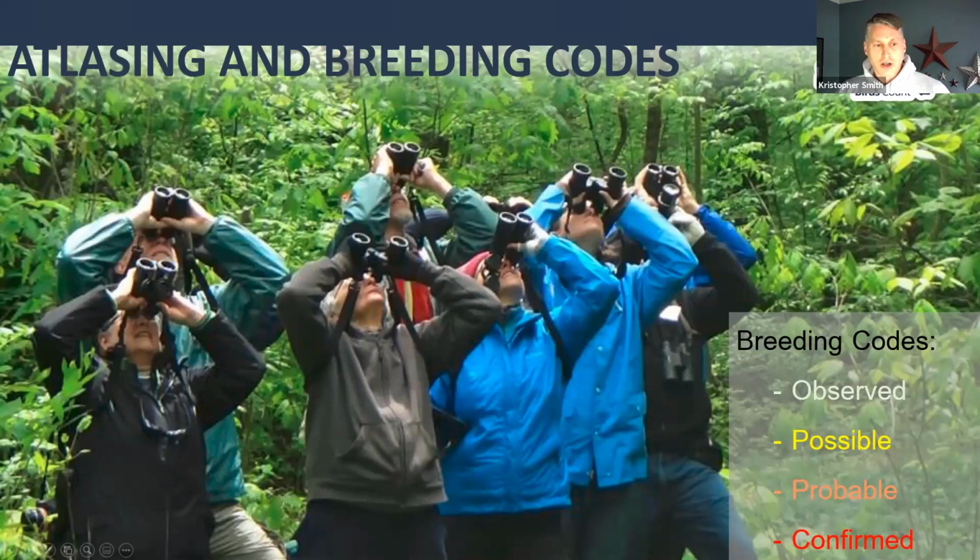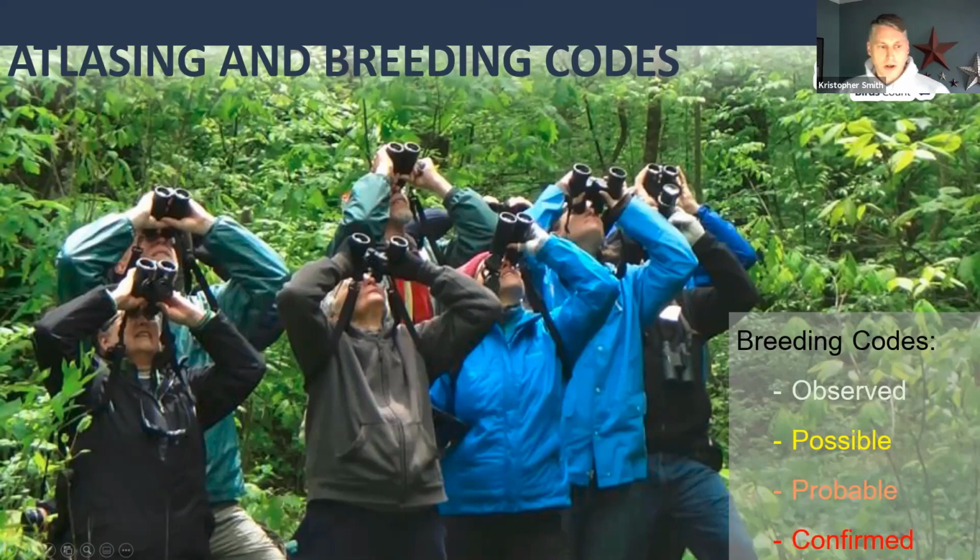Observation codes are codes that provide no evidence of breeding. For example, I saw one bluebird and added it to my checklist, or I saw a turkey vulture soaring overhead and recorded that as an F, or a flyover. These are codes you use when you're just there, you made an observation, you saw them, but they weren't doing anything breeding specific. So you just recorded it as an observation.